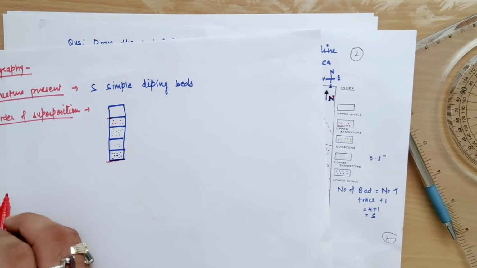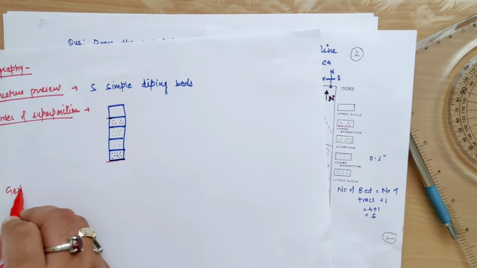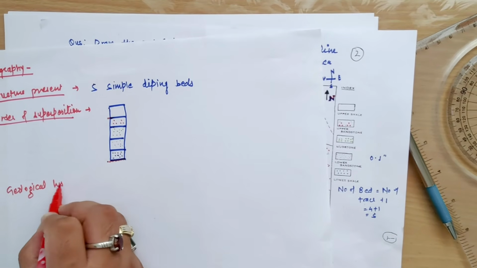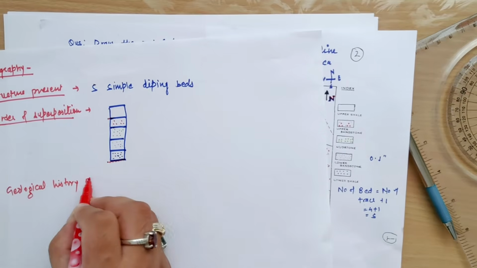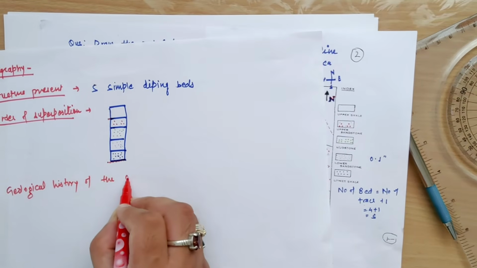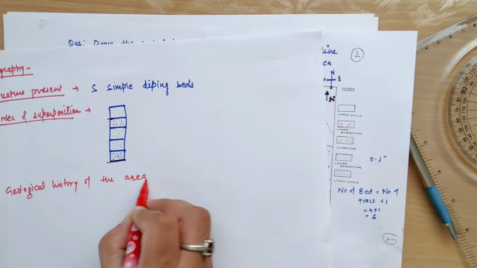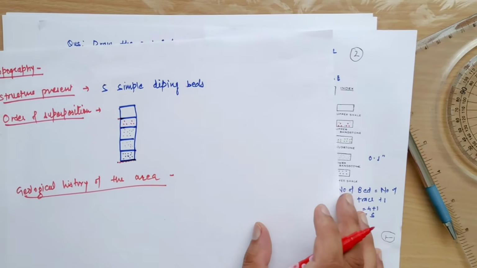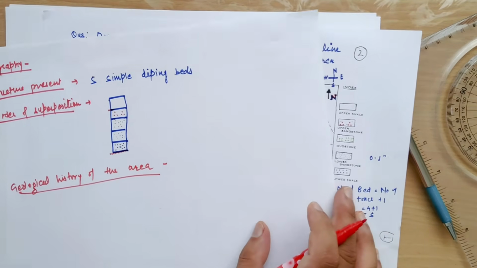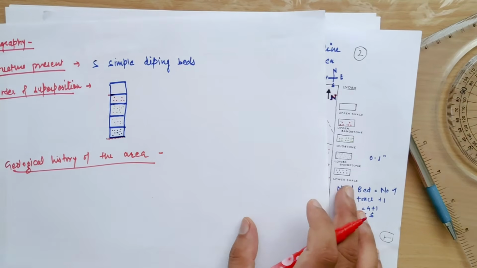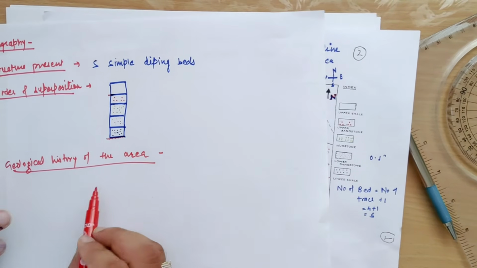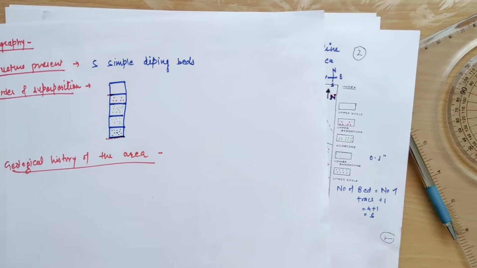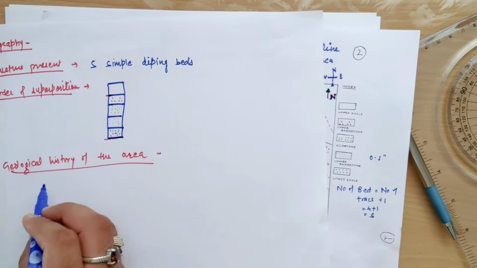Now the geological history of the area. So the lower shale was deposited over an unconformable basement.